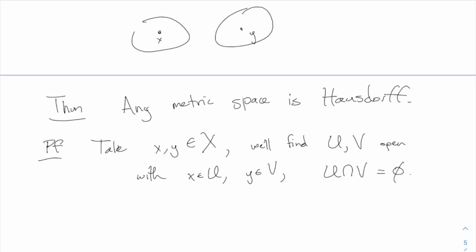Really, this is what you need. You need to just find those 2 open sets and create them somehow using the metric.